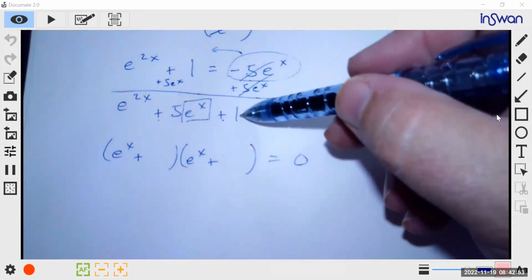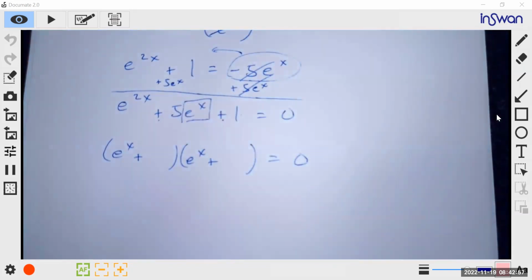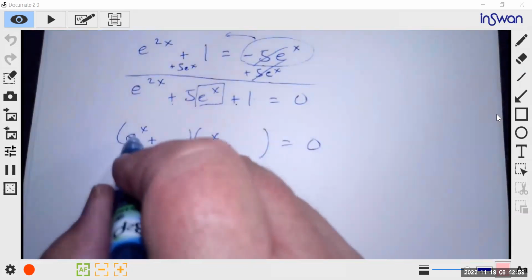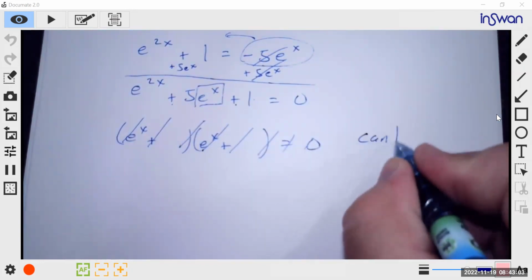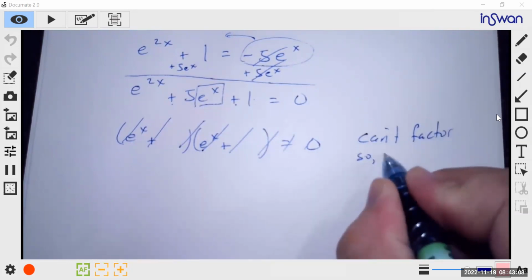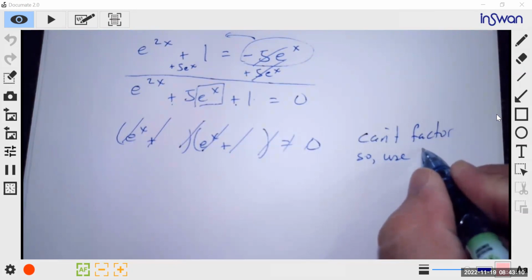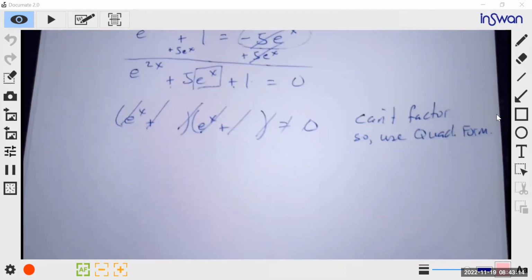What times what is 1, and when you add them, you get 5? That doesn't work, so we can't use this method. Can't factor, so use the quadratic formula.